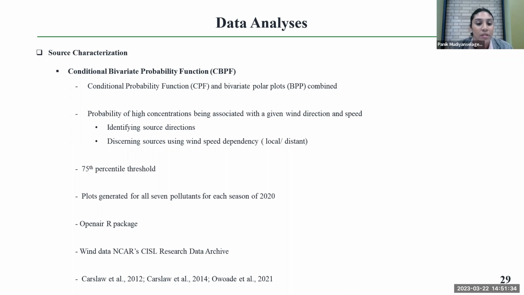This was done using the openair package in R. For the wind speed and wind direction data, we used the CISL Research Data Archive and used the data for the Minneapolis-St. Paul International Airport Station.